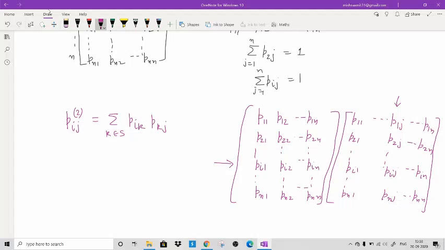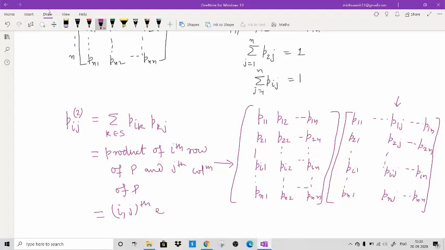So you can see this is nothing but the product of the ith row of P and the jth column of P. So you can say that this is the ijth element of P square.